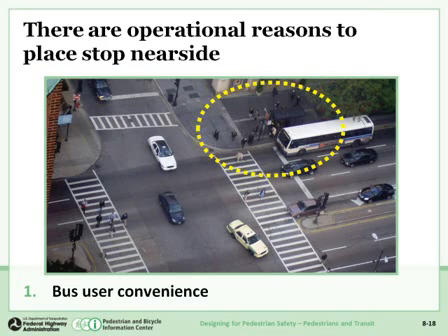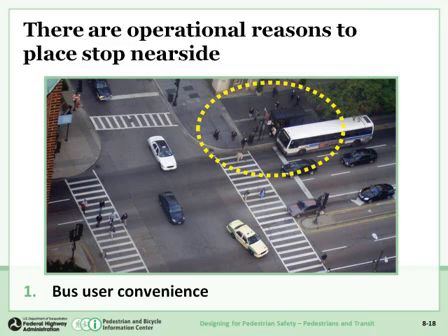Here are some other examples, first, of why you might want to place a transit stop or a bus stop on the near side of an intersection. One of those is bus user convenience. If passengers are better served by a near side stop, it might be logical to place the bus stop on the near side of the intersection.